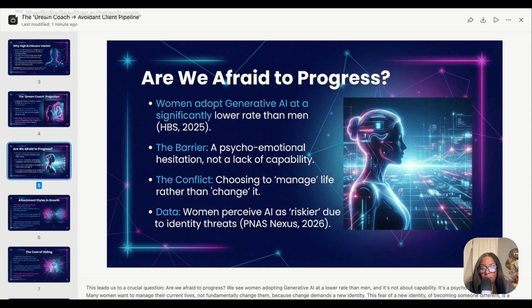The data shows that women perceive AI as riskier due to identity threats. You're scared to become something different. You're scared that you're going to be deleted as a human.